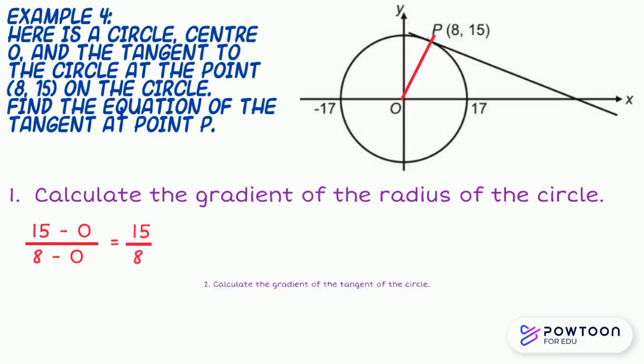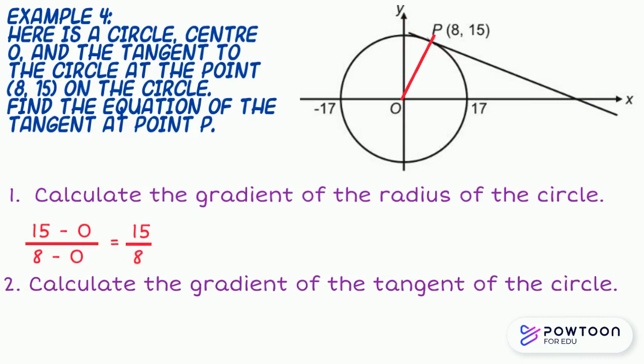Step 2 is now to calculate the gradient of the tangent. To calculate the gradient of the tangent, we have to multiply the two gradients together and get -1. So that means 15/8 times our gradient is equal to -1. To solve this, you just have to divide by 15/8 on both sides. And remember, when you divide by a fraction, it flips it. So our gradient is just -8/15.